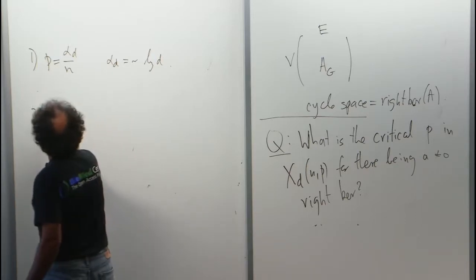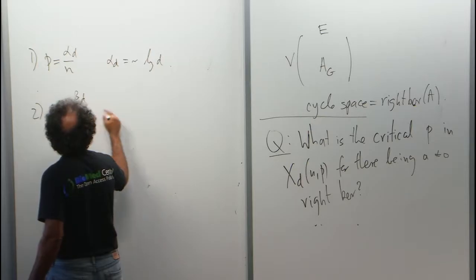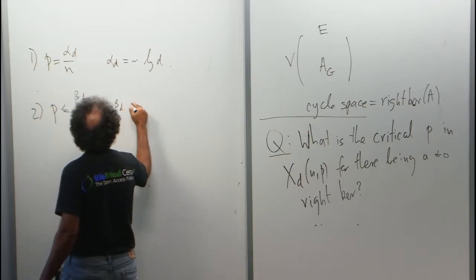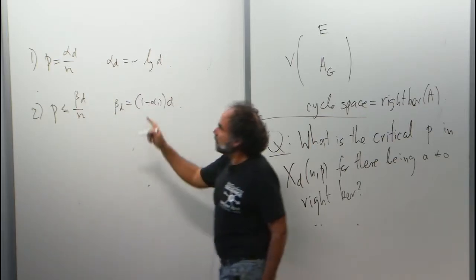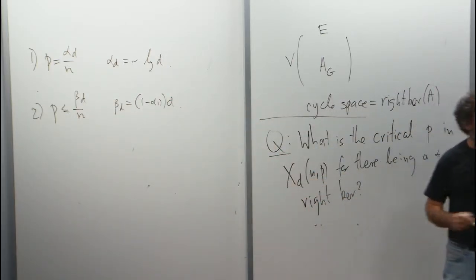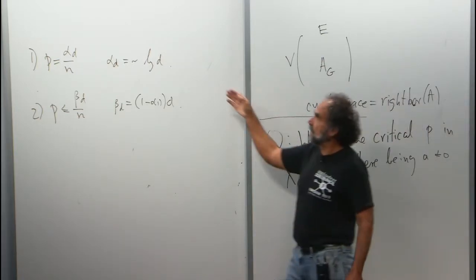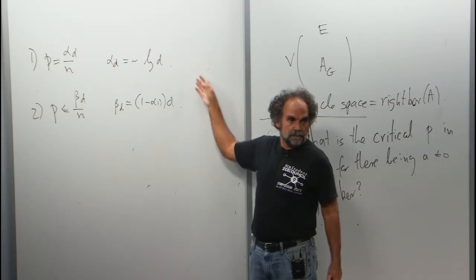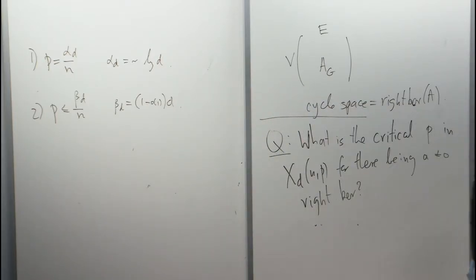For 2, we know that P is less than or equal to beta_D over N, where beta_D is 1 minus little o of 1 times D. But we are unable at the moment to even tell, we don't know how to get a lower bound for 2. We can't even at the moment prove that these 2 things are not identical. And here we're using all sorts of machinery from much more advanced stuff from random graph theory.